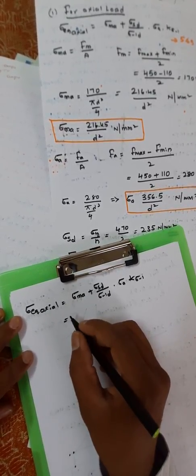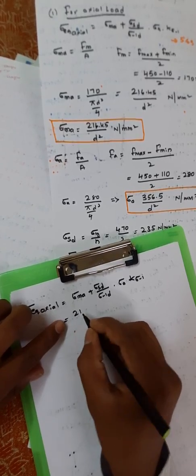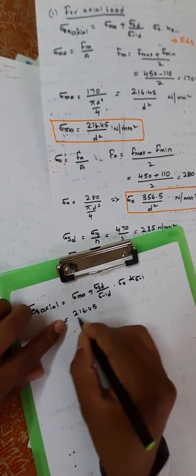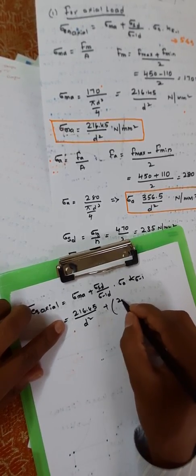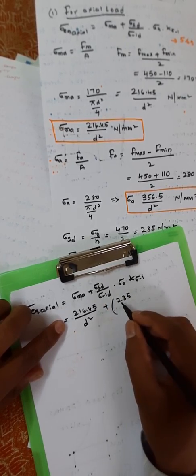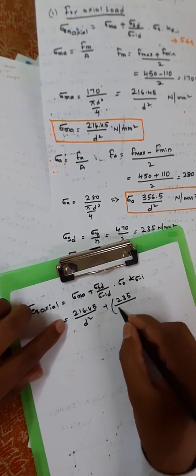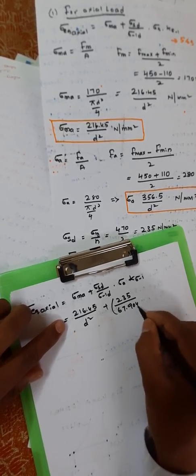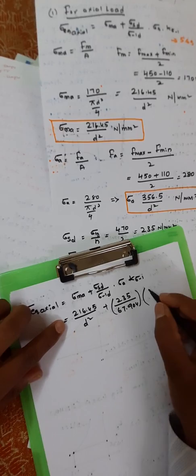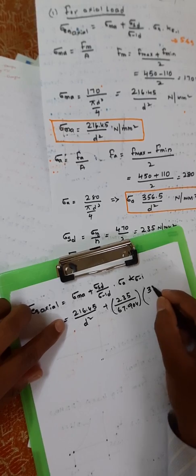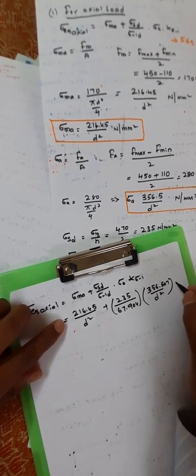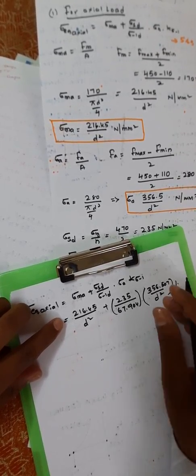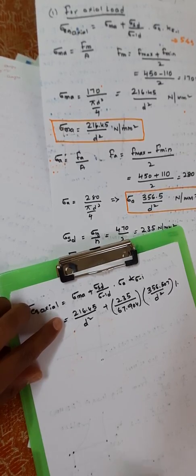Sigma ma, with respect to d only, is 216.45 divided by d square, plus 235 for sigma sd, 235 divided by 67.904 into sigma a with respect to d only, which is 356.507 divided by d square, into the stress concentration factor, which is 1.635.